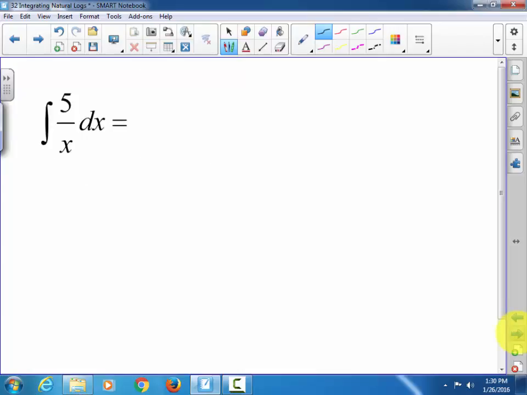The integral of 5 over x. All right, if we're thinking about this, we know that the integral of 1 over x would be ln of x. So there are different ways you can approach this. Here's what I see when I look at this. I'm going to pull the 5 out in front, and I've got the integral of 1 over x dx.